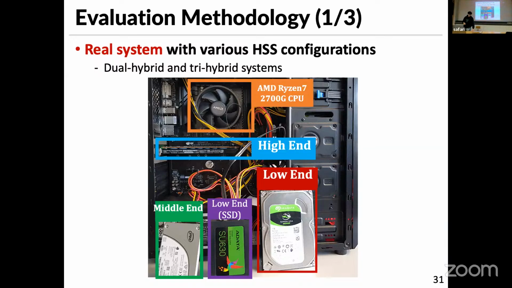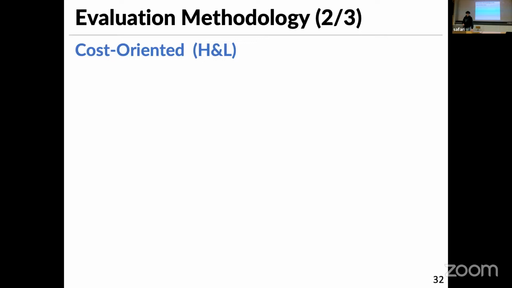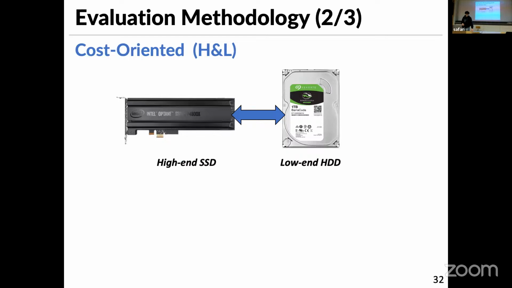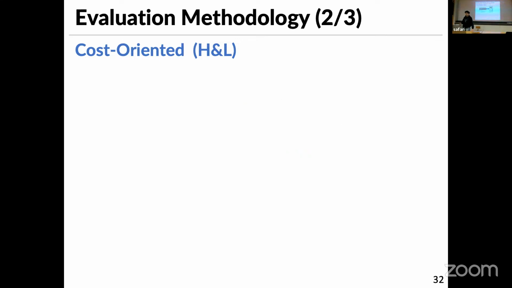And the CPU being used is just an AMD Ryzen 7. That's pretty standard. The different configurations there are the cost-oriented, which would be combining high-end and low-end. So that would be the very high-end SSD together with the low-end HDD, and HNL stands for high-end and low-end.